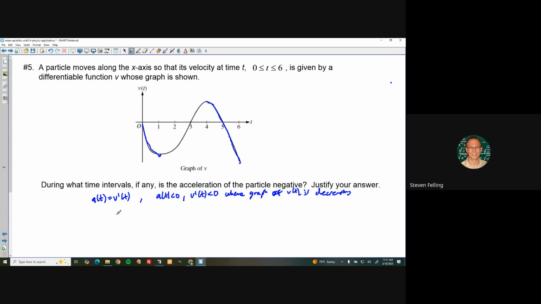So I'm going to say, therefore, the acceleration of the particle is negative for, let's see, I'll use interval notation here, between 0 and 1, and 4 and 6. Right?